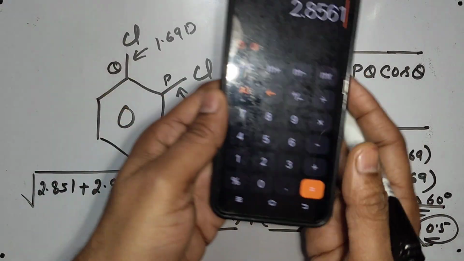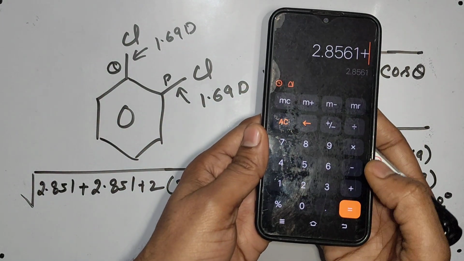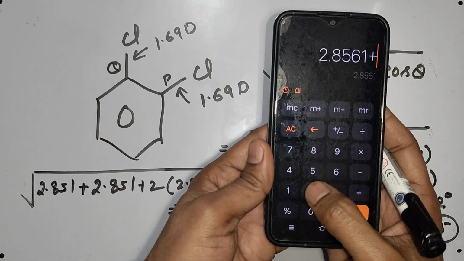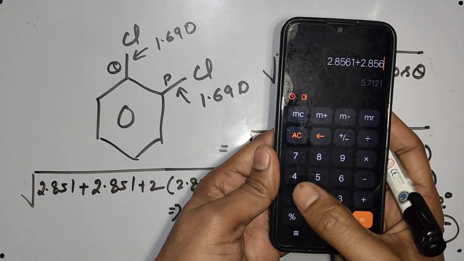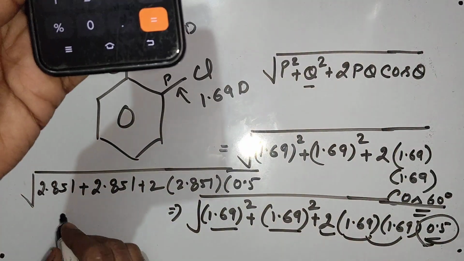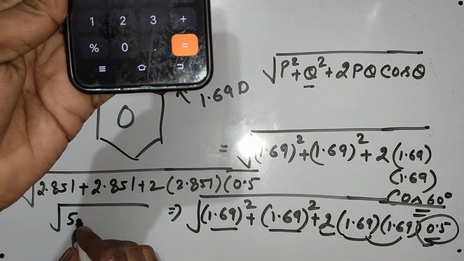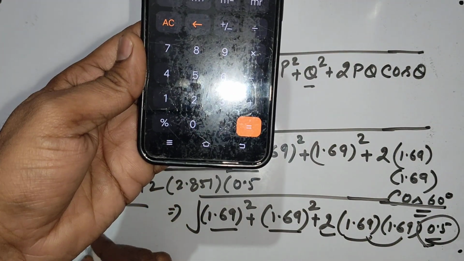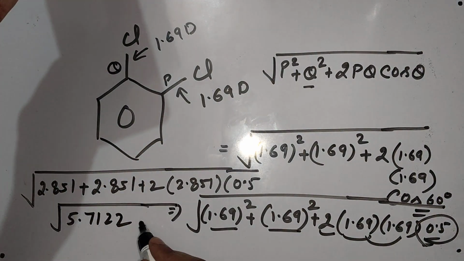Let's solve it. 2.8561 plus 2.8561 gives 5.7122 value.